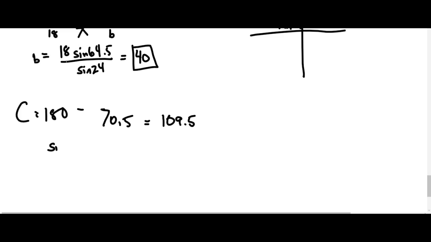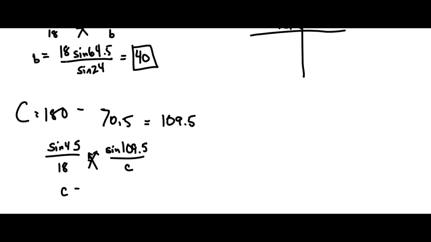So now we have to do the same thing that we did before, knowing our sine of 45 to 18 ratio. So sine of 45 over 18 equals sine of 109.5 over little c. I cross multiply. I get c sine 45 equals 18 sine of 109.5. So c is 18 sine 109.5 over sine 45.